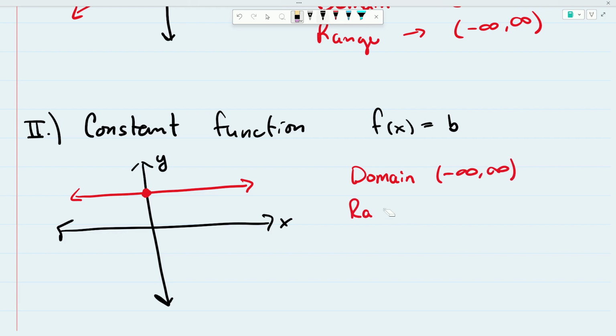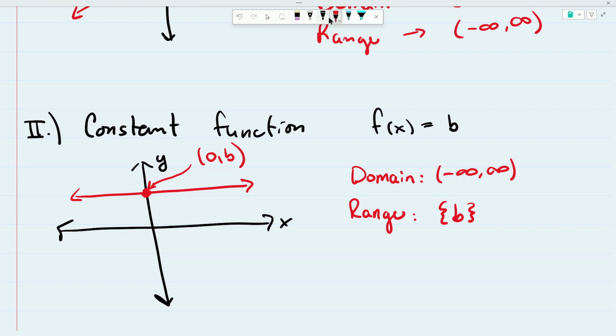However, our range is going to be the value of b only. And how did I get that? Well, if you look right here on the y-axis, that is going to be your y-intercept. Okay? So, since the y-intercept, or better yet, let me say it like this. Since you have a horizontal line and it goes through the y-intercept, all of your y values are going to be the same. And remember, range specifically deals with y values.